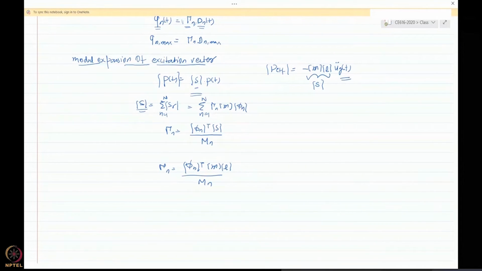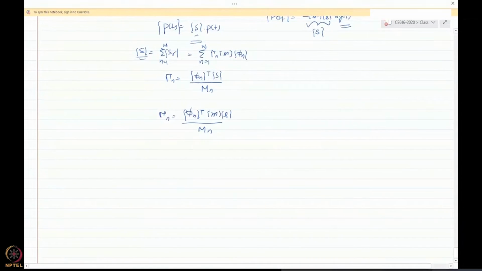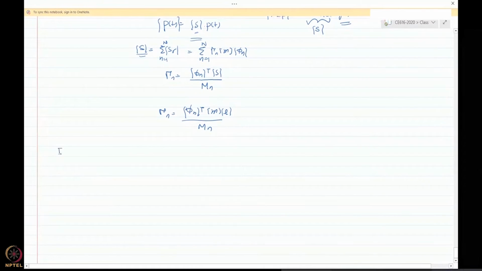Okay, and we also said that if you want to find out the internal forces or the element forces, there are two procedures that you can utilize.